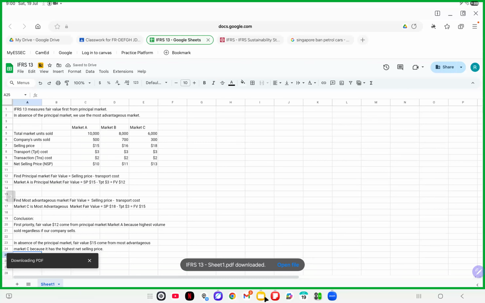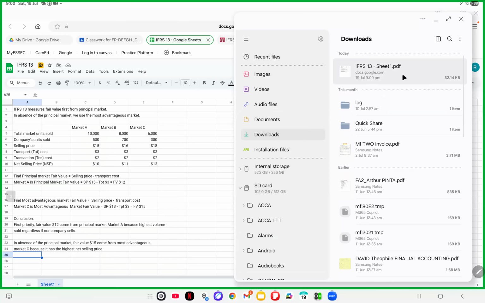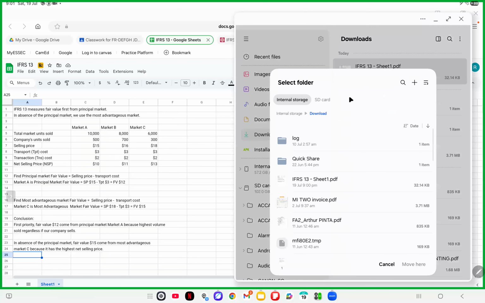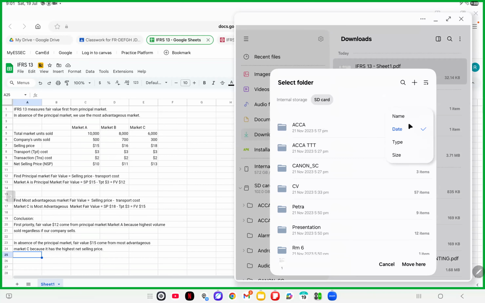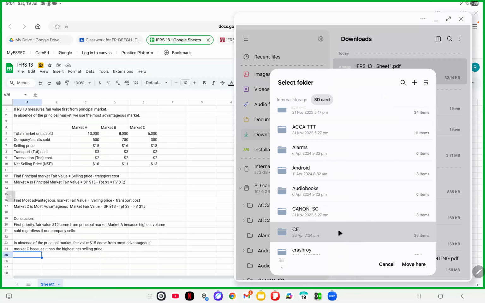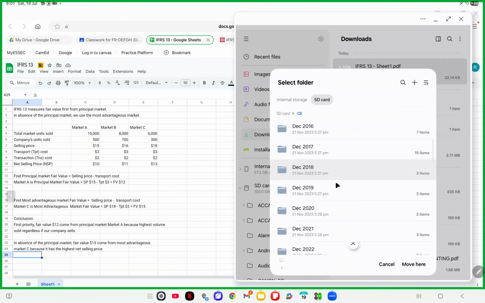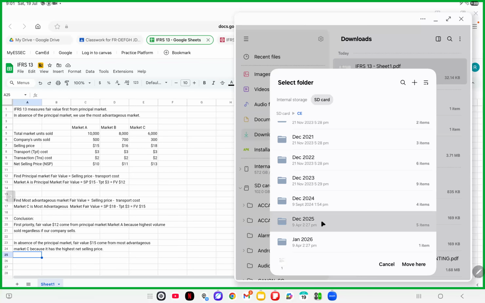It should be in my download folder. Then I want to move it to my SD card under ChemEd, then go to our December 25 exam.